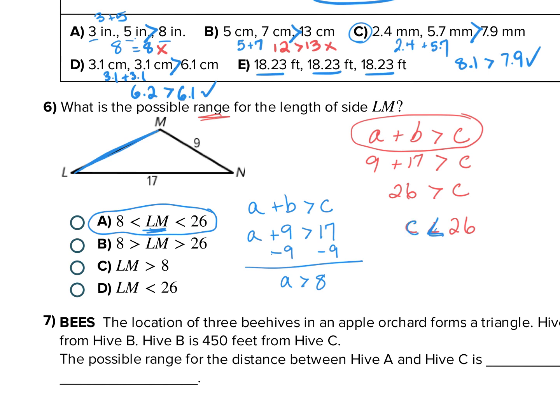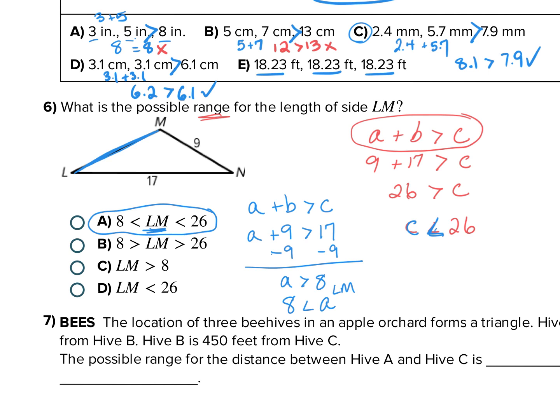In this case, it was C. And greater than 8. But I can also rewrite and flip this around so that way 8 is less than A, or in this case, LM. So that's why we use the less than symbols to write the range properly.